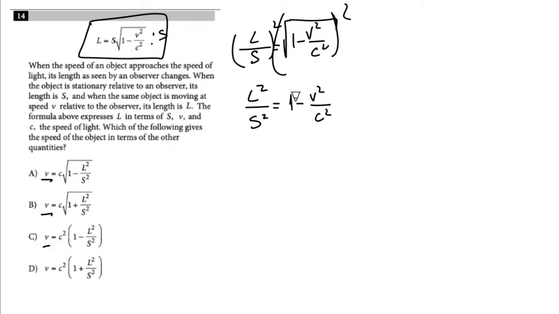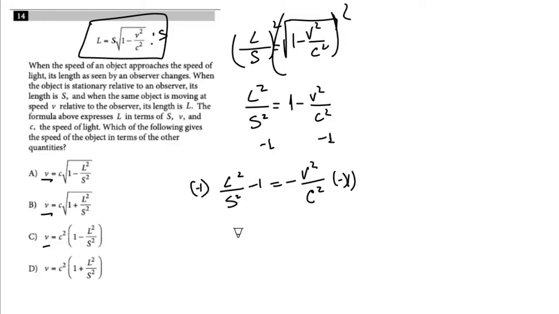Now there's a 1, so I want to subtract 1 from both sides. I get L squared divided by S squared minus 1 equals minus V squared divided by C squared. Now I want to get rid of the minus sign, so I multiply by minus 1 on both sides.